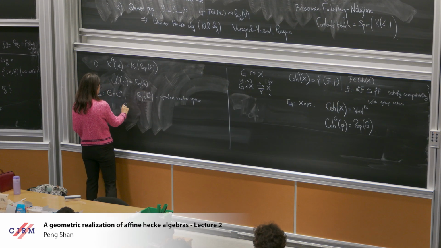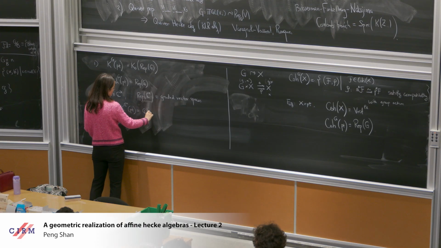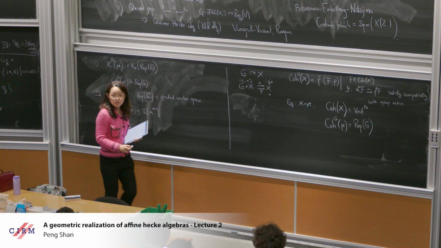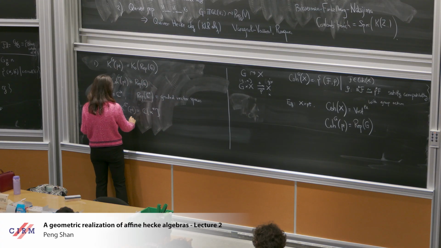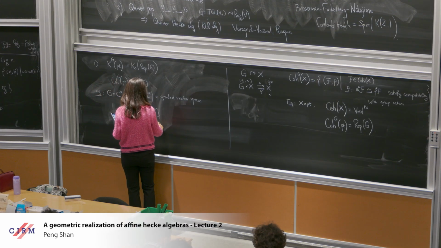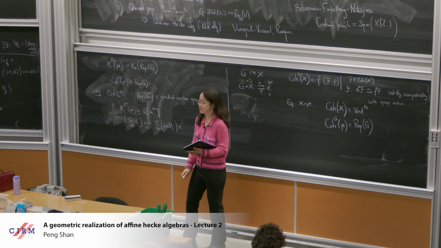And so K_{C star} of a point is the ring of Laurent polynomials in one variable, where you send a graded vector space V, which is a sum of V_i with i an integer, to the sum of dimension V_i times x to the power of i. Okay?